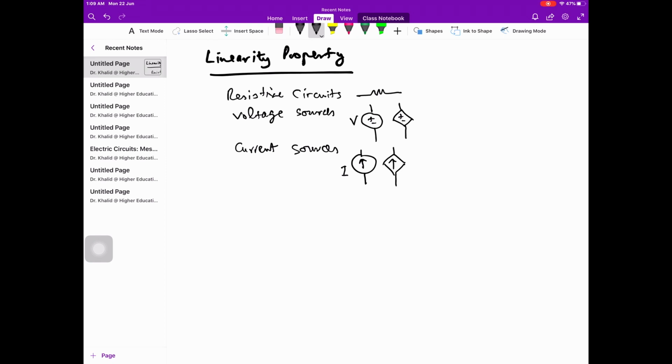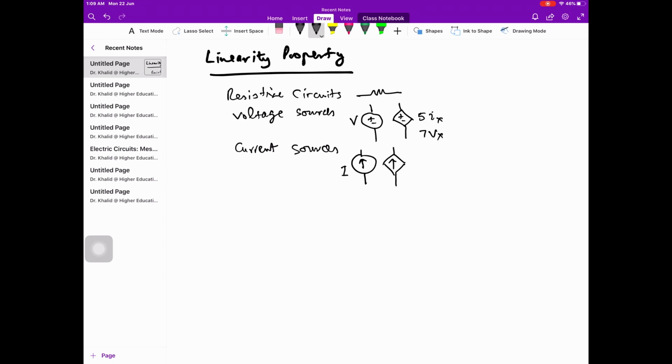So if this is a dependent voltage source, I can express it as, say, 5 Ix. Once Ix is fixed, the voltage across this will be 5 times Ix. It may be, for example, 7 Vx. Vx may be some voltage in the circuit across some element, and Ix may be some current.